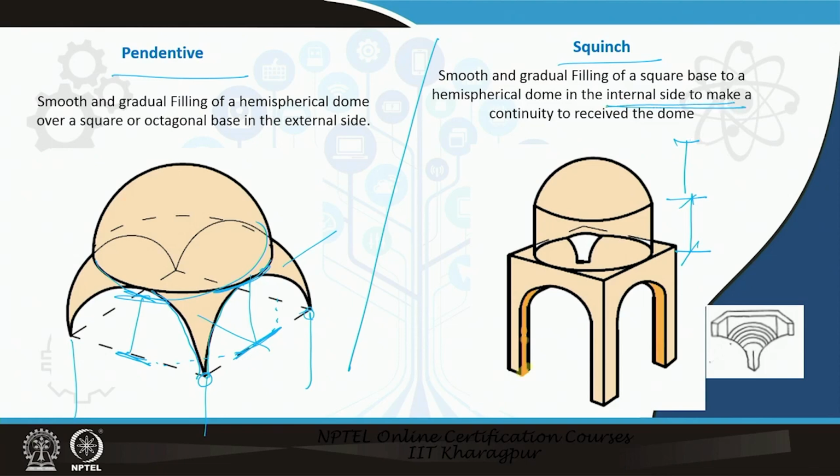This gradual filling up or smoothening occurs from the circular dome to the peripheral square walls, which receive the dome in that way.